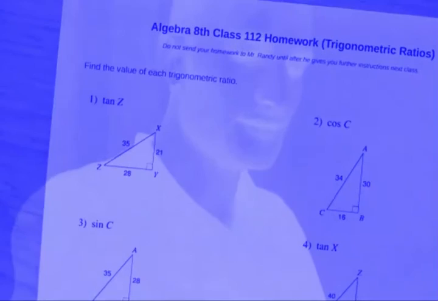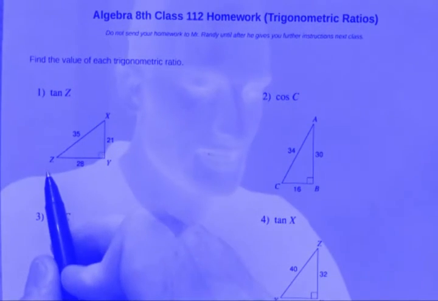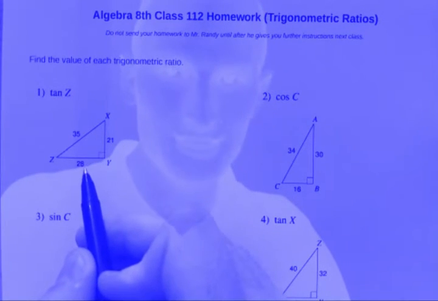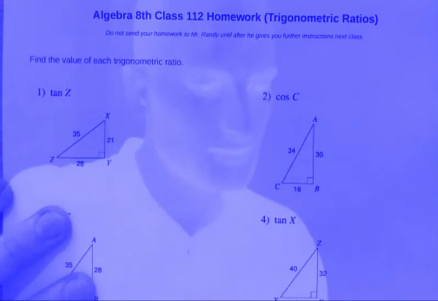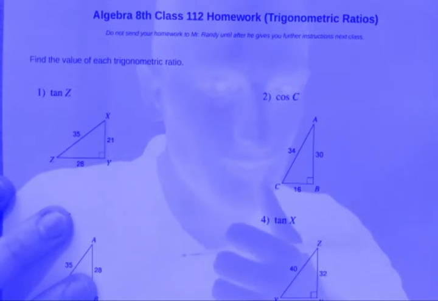So in this example here, when they say find the tangent of z, they're saying find the opposite, 21, divided by the adjacent, 21 over 28. Might as well do number one for you, and then we'll do that example with 30, 40, 50.